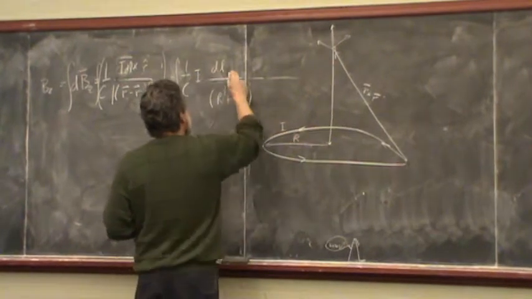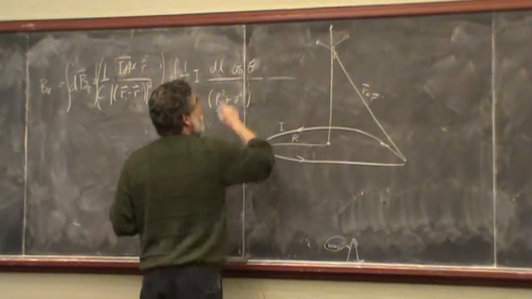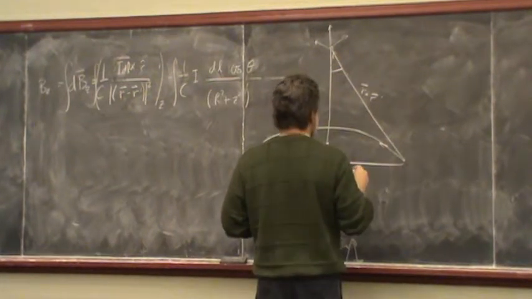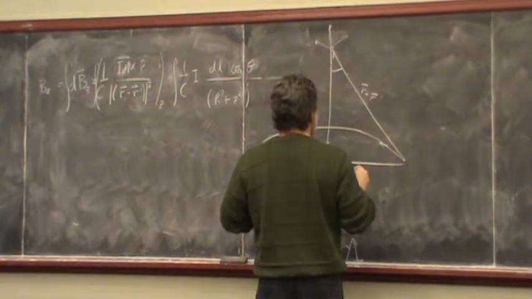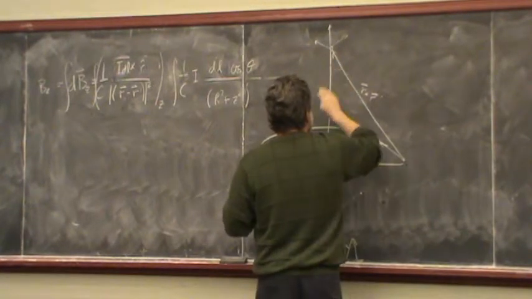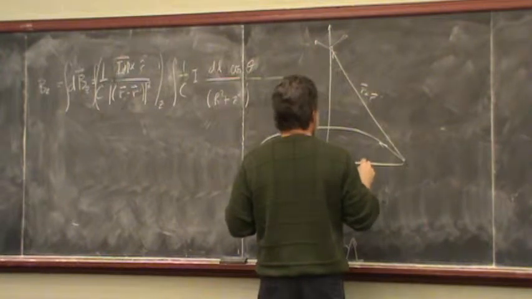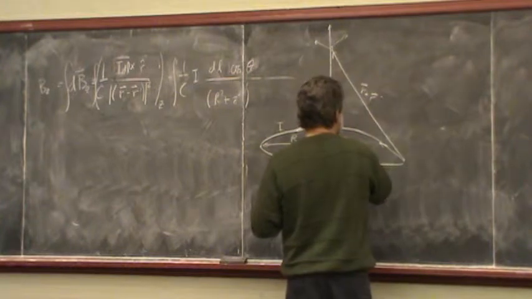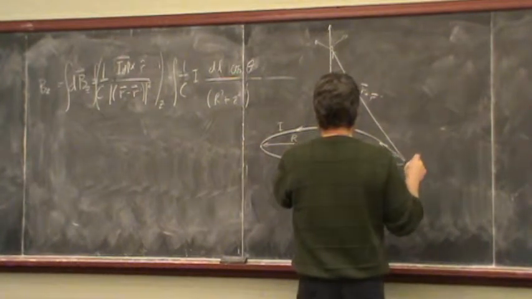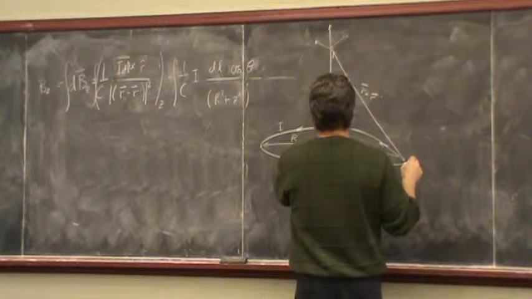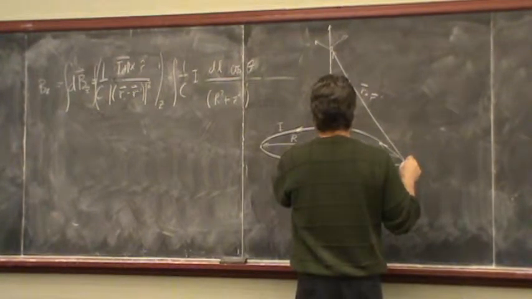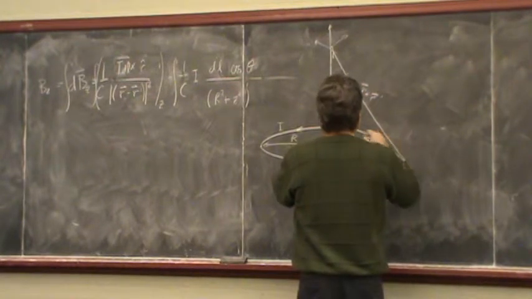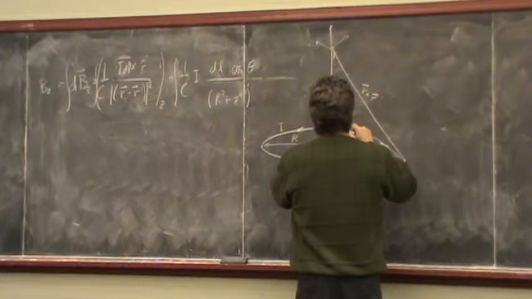So I'll write the component as cos theta, where theta is what I want, and so it's going to be Z. That's for that bit.